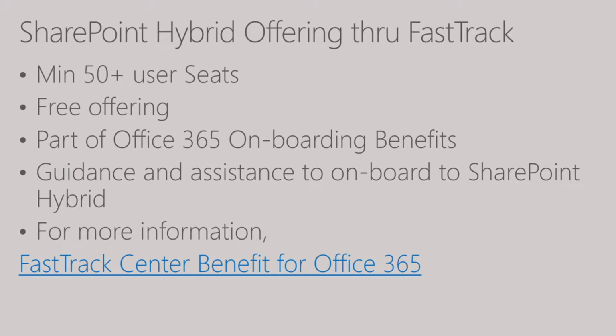Today, just to be clear, FastTrack already offers, if you have a minimum of 50+ user seats, these are eligible for this program. And it offers you simple directory synchronization. For any Office 365 deployment, the very first step you would have to do is enabling your on-premises Active Directory to synchronize with your cloud Azure Active Directory.